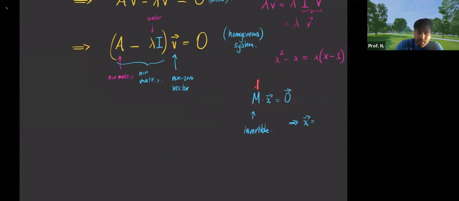And we're saying that M is invertible. So what does that mean about the solution to this system? What does X have to be then? I guess I'm not making my question clear.